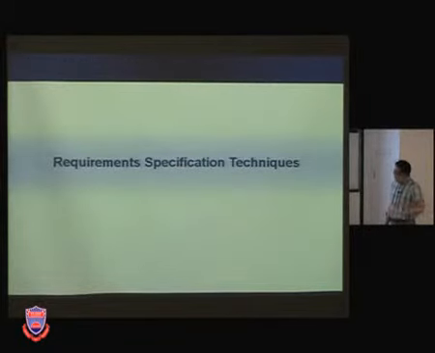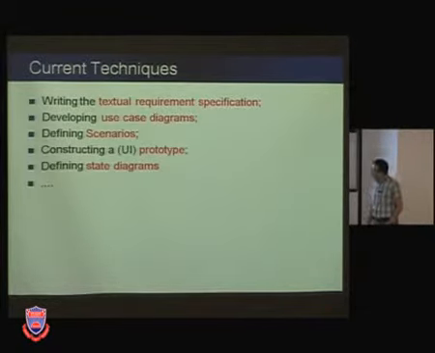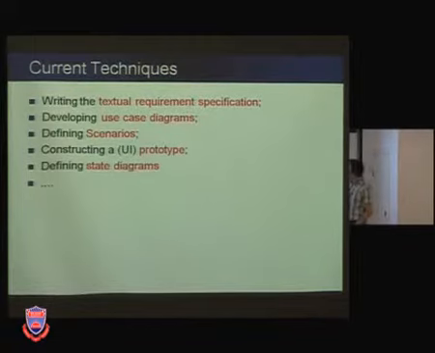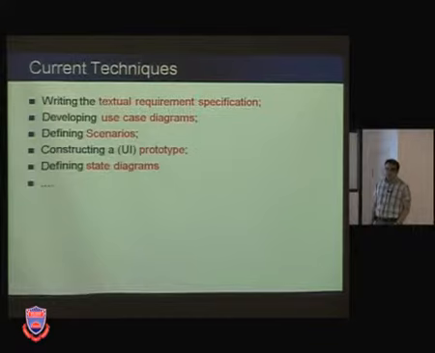Okay, let's look at some requirement specification techniques. Actually, I think most of them you know. These are the current techniques: just textual requirement specification, use case diagrams, scenarios or user stories, constructing a prototype, a user interface prototype, and defining state diagrams.